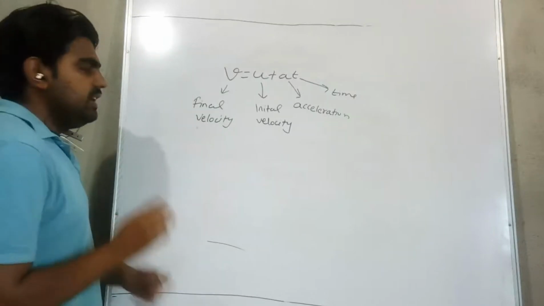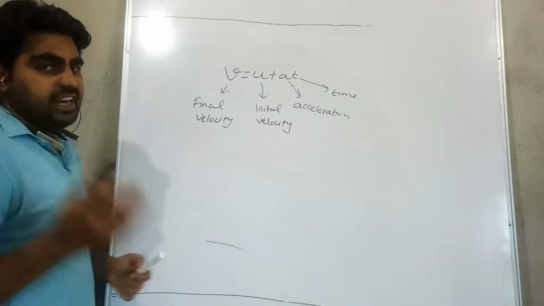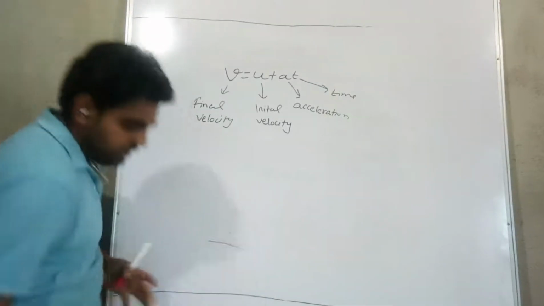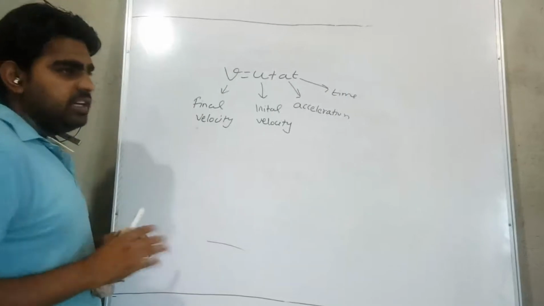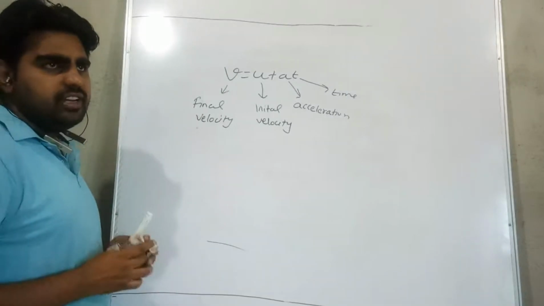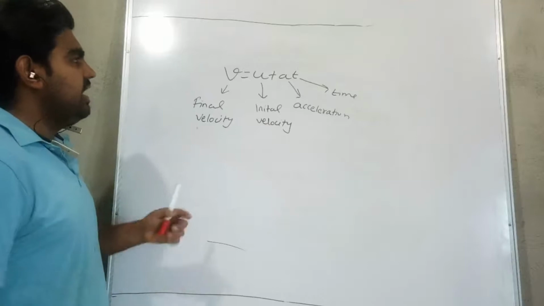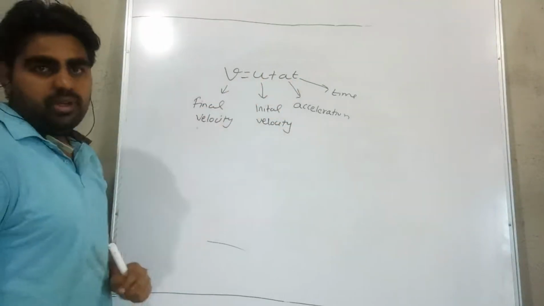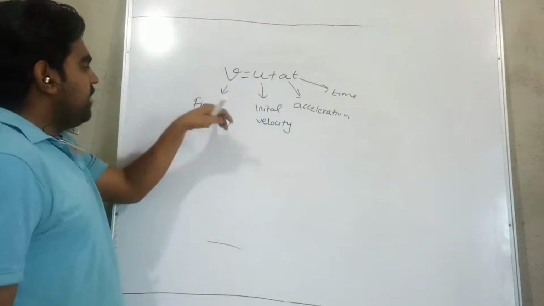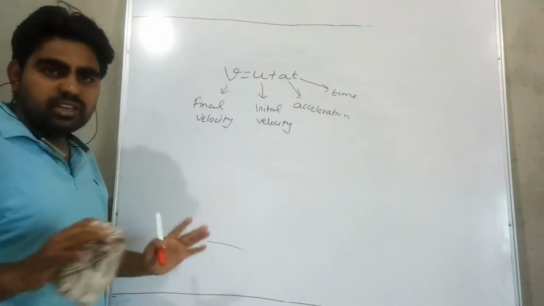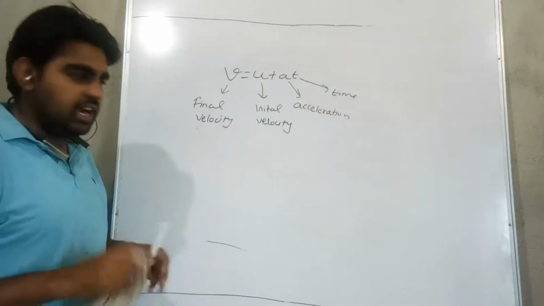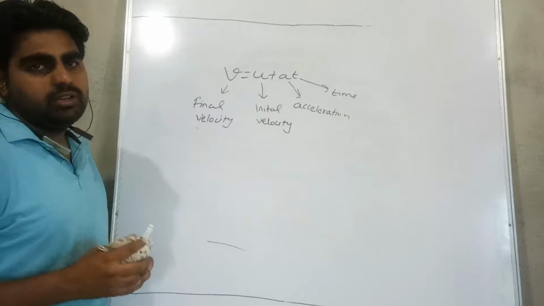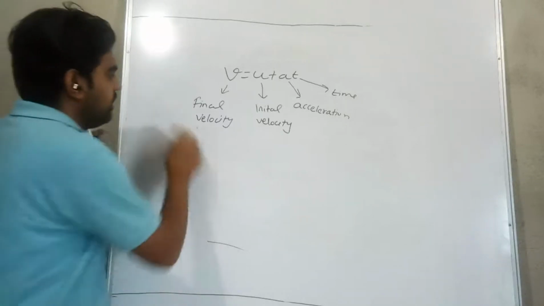Now today we derive the second equation of motion. When a numerical gives the distance traveled, the initial velocity, acceleration and time, but the final velocity is not given, then how do we solve it?